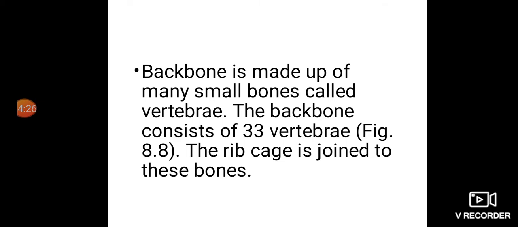But if the spine is made up of bones which are hard, how can we bend our back? The cartilaginous joint present between the neighboring vertebrae makes it possible for us to bend our back.